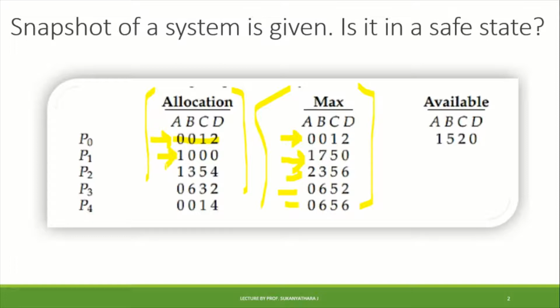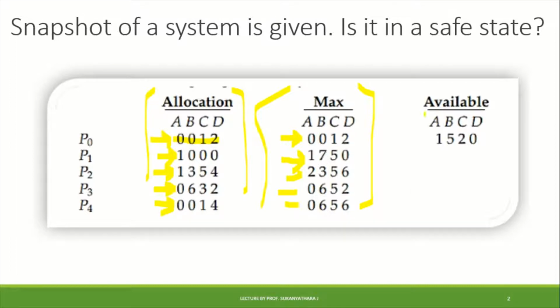Which means process P1 is now holding one instance of resource type A, 0 copies of resource type B, 0 copies of resource type C and 0 copies of resource type D. For allocation of P2, P2 is currently holding one instance of resource type A, 3 instances of resource type B, 5 instances of resource type C and 4 instances of resource type D. For P3 and P4, we have to understand in the same way. How many copies of each resource type is presently with that particular process?